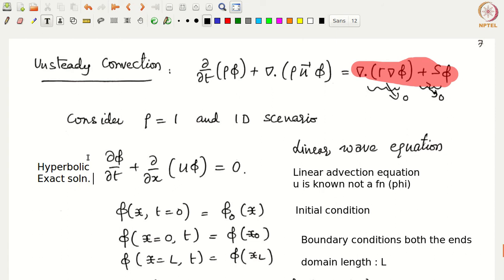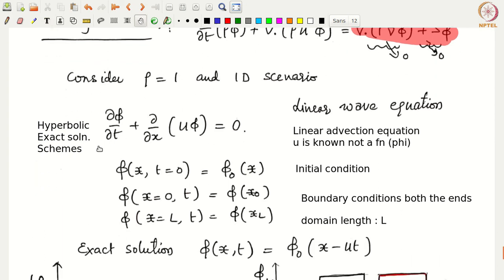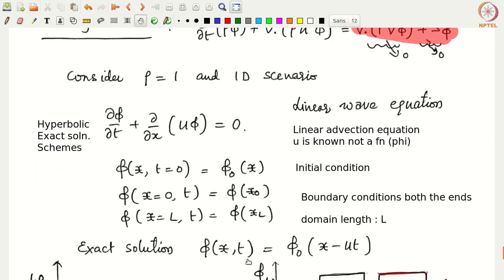That is why we have chosen this equation, because it can help us understand how the different discretization schemes that we would choose behave when compared to the exact solution that we know, okay? So the exact solution to this linear advection equation is basically phi of x,t equals phi naught of x minus ut.